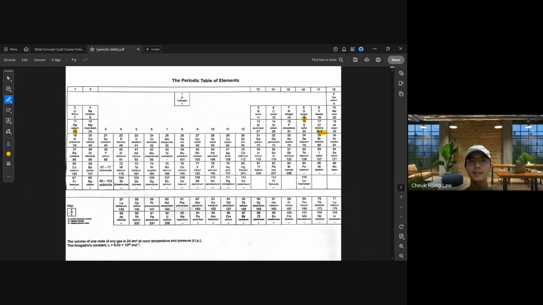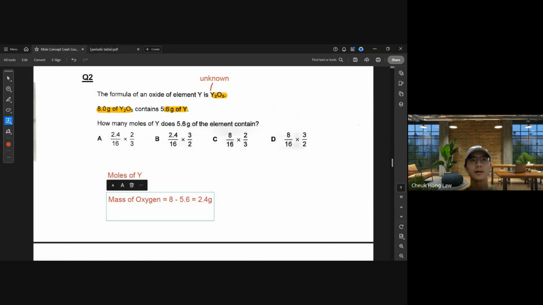Sorry, the MR is 16. So using mole formula 2, mole equals mass divided by MR. Mass is 2.4, MR is 16. This is the number of moles of oxygen.